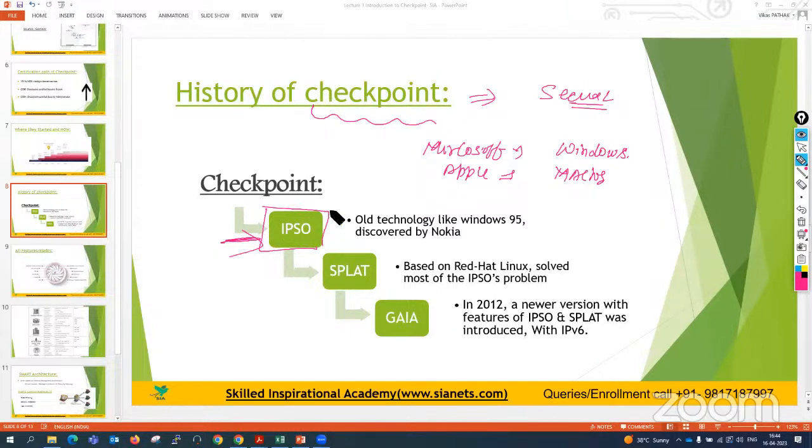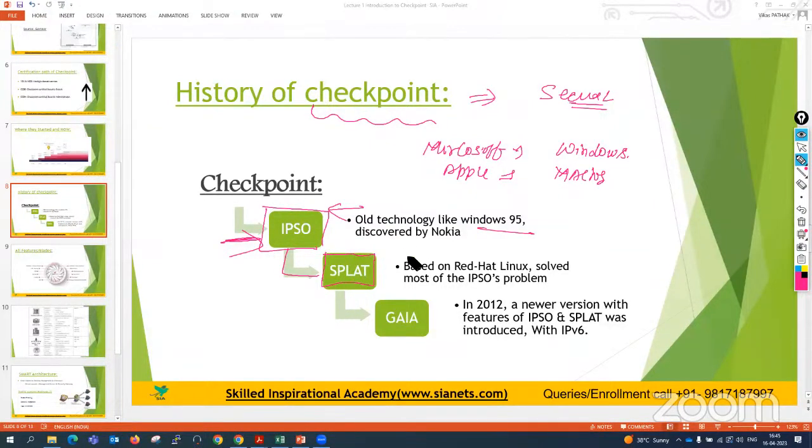But it was a very basic technology, very easy to navigate, very old technology. There were a lot of bugs in this IPSO. So what they did, after some time, they came up with another version of the Checkpoint firewall, where they were using an operating system called Splat.